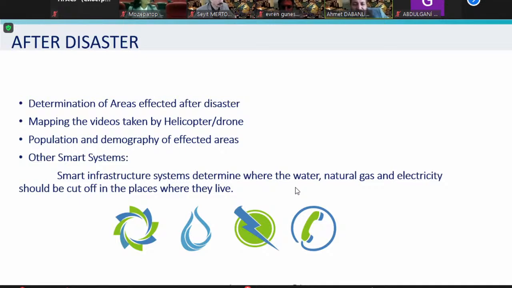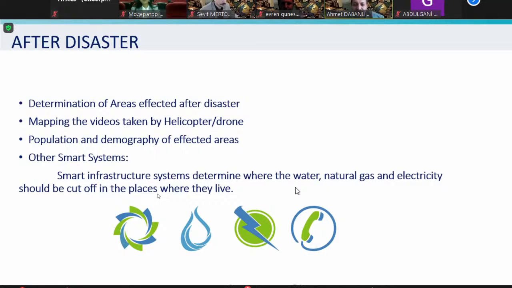Especially for the utilities, there are smart utility infrastructure systems for natural gas or electricity outages or broken water pipes. These must be easily discovered and rehabilitated. And especially in this age, the telecommunication fiber optic cables are very important.